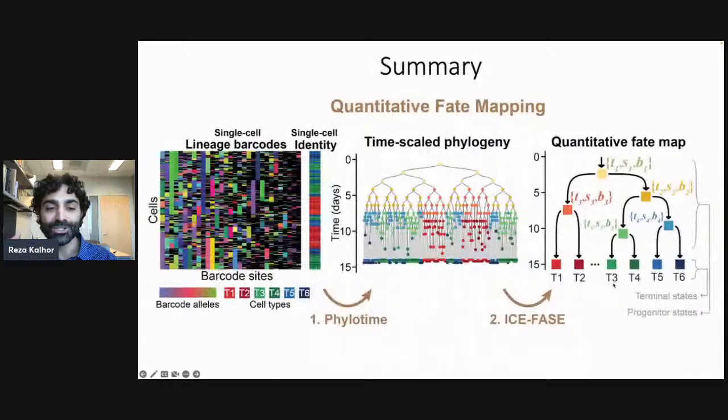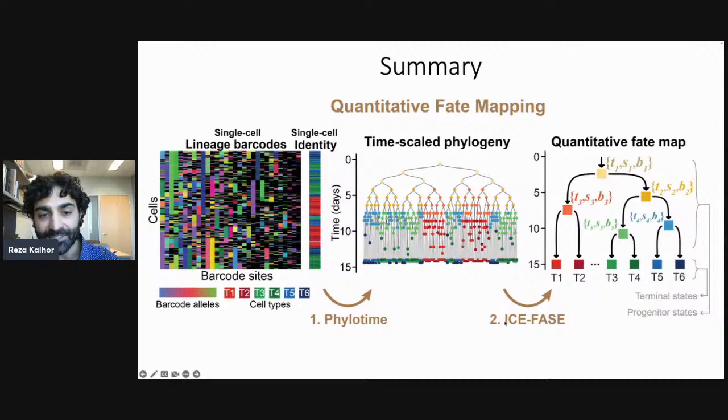So to summarize in one slide, all of what I have told you so far is that we have established a Phylotime algorithm which takes the lineage barcoding outcomes from a number of independent barcoding sites, which could be synthetic barcoding or natural somatic mutation-based barcoding, and obtains a time-scaled phylogeny from them.